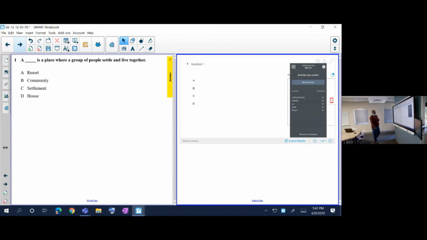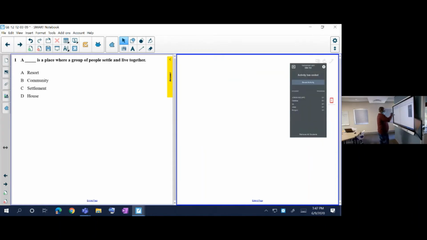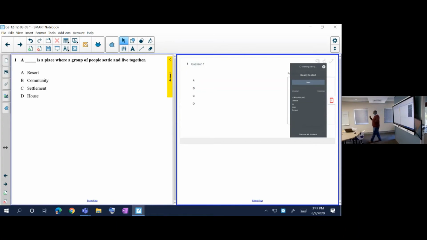and then we will revise together. So those who have got devices, like we did the previous activity, you will be notified that there is a new activity on your device. So the question is right here. A dash is a place where a group of people settle and live together.